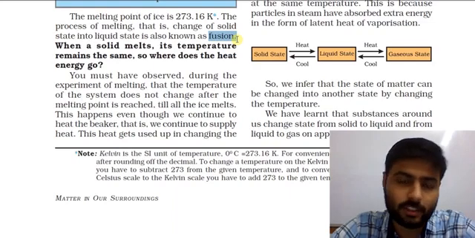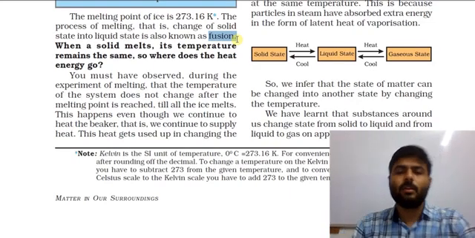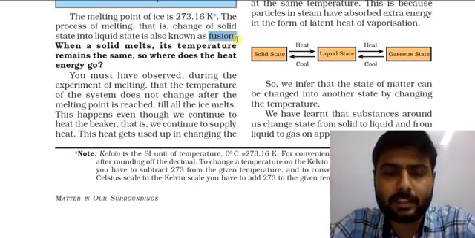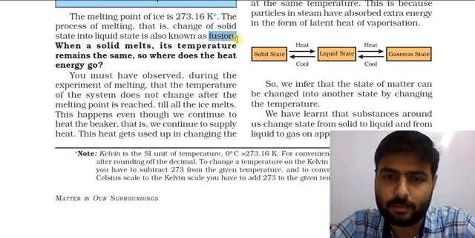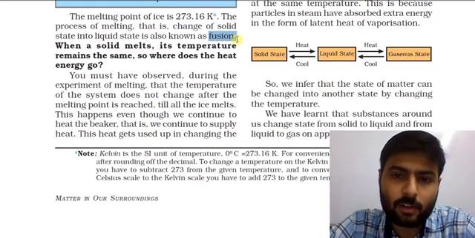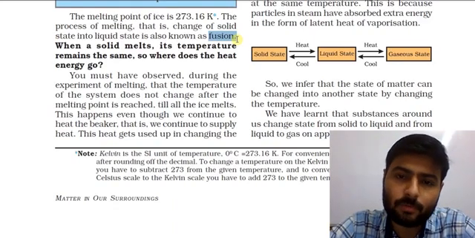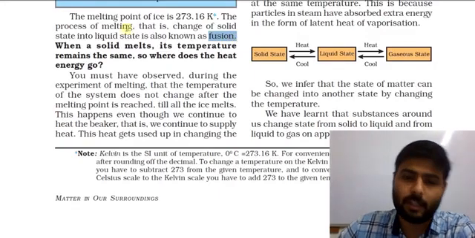Temperature was 0 degree centigrade. So we are giving heat constantly to that water ice mixture, but we are not noticing any difference in temperature. So where does this heat go? Let's try to understand that.